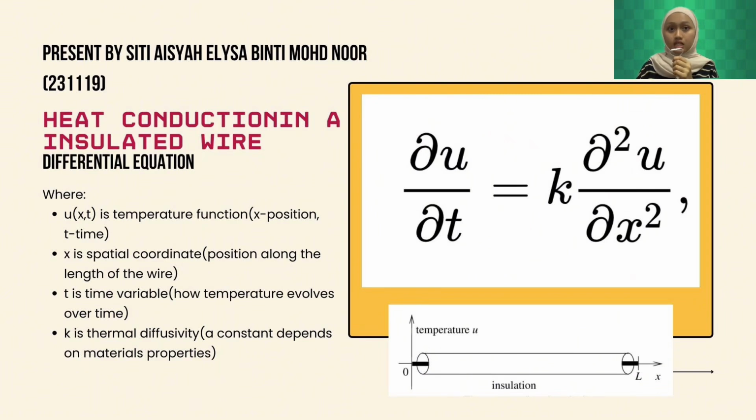And t is the time variable, which represents how temperature evolves over time. And k is the thermal diffusivity, a constant that depends on material properties.